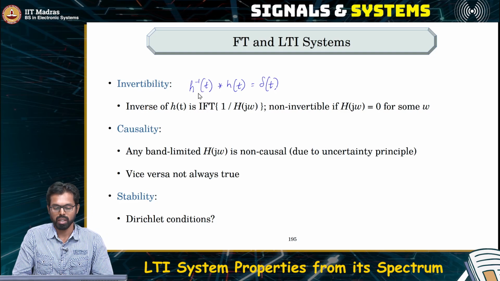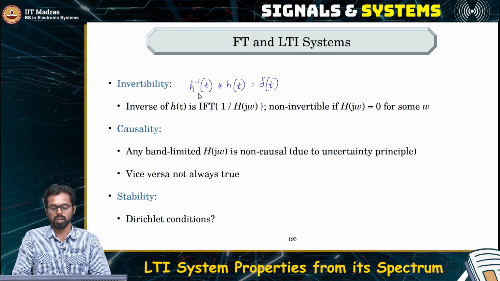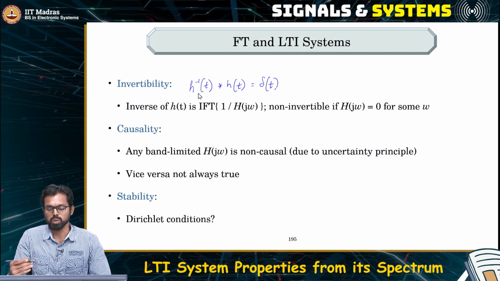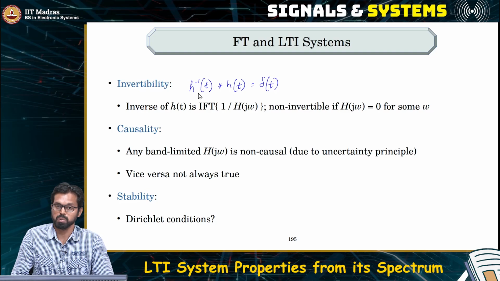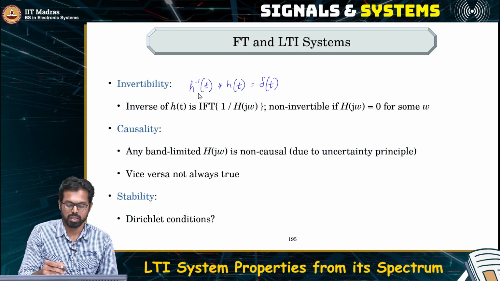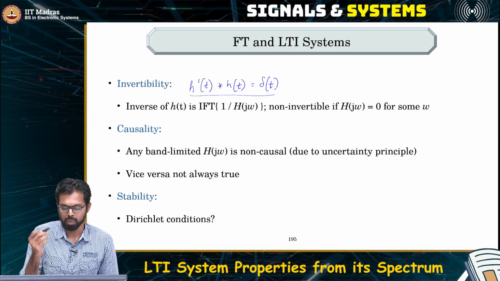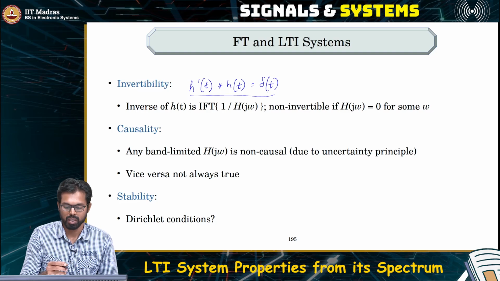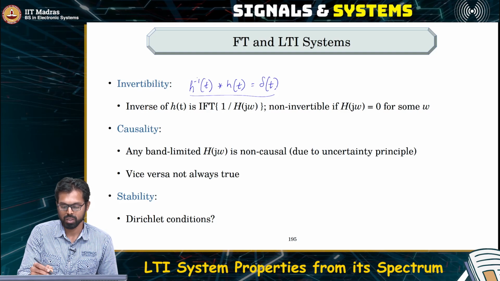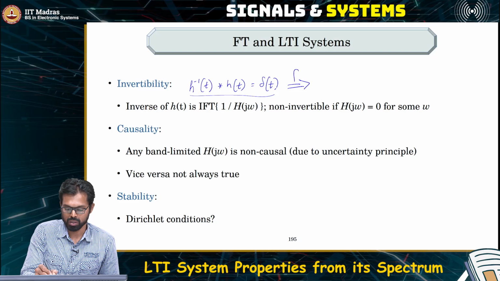And how is that? Because the Fourier transform converts a convolution operation into a multiplication operation, the inverse is also very simple. So let us say that we have a convolution operation like this. Then what is the corresponding Fourier transform?